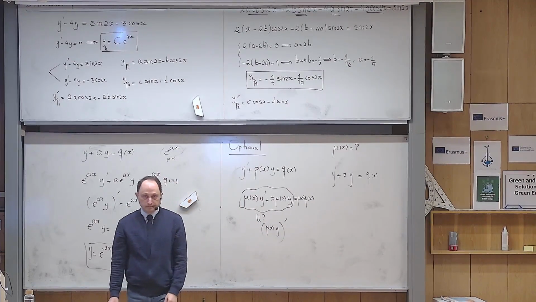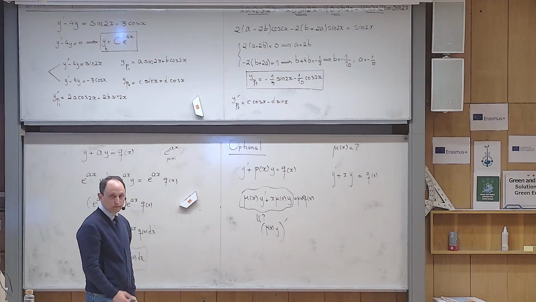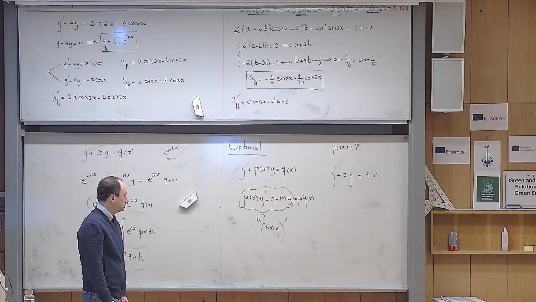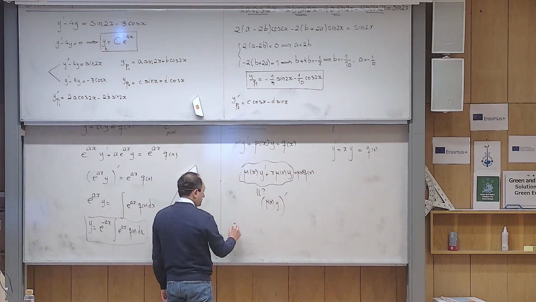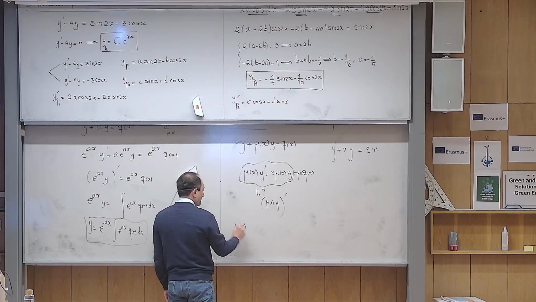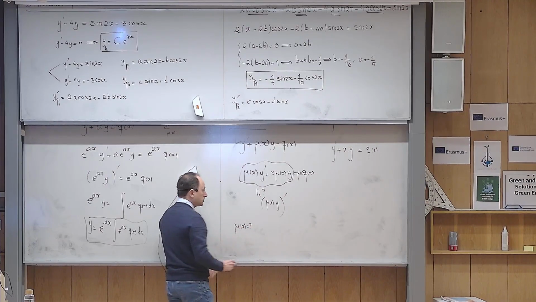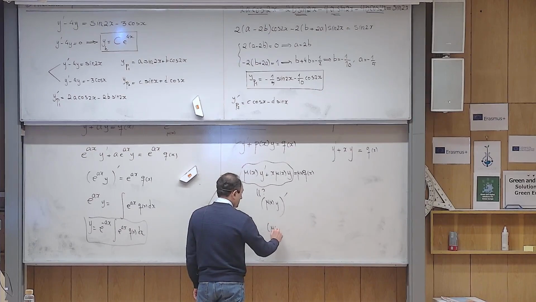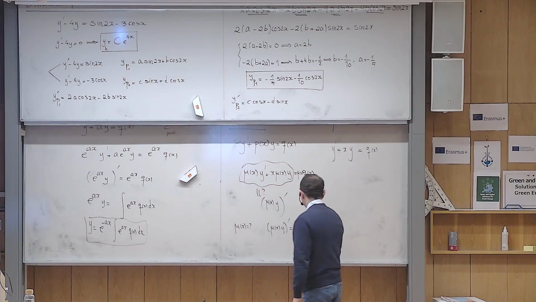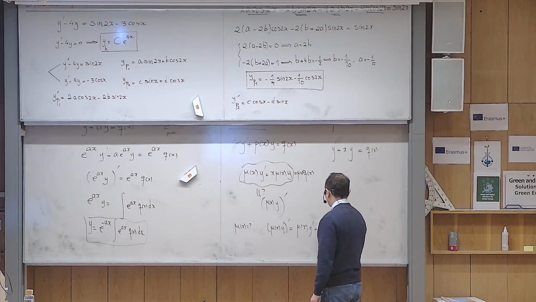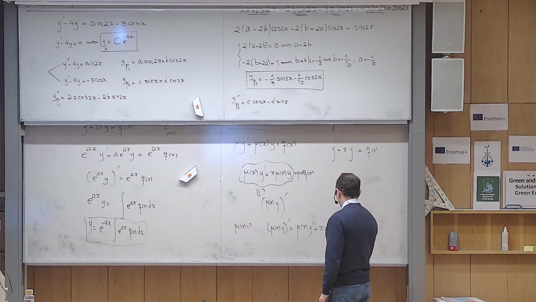So for this to be the case, mu of x times x must be the derivative of mu of x, right? Yes, that's what I'm saying. So this is the scratch work thinking. You ask yourself, is it possible to find this so that mu of x times y prime becomes equal to mu of x y prime plus x mu of x y?